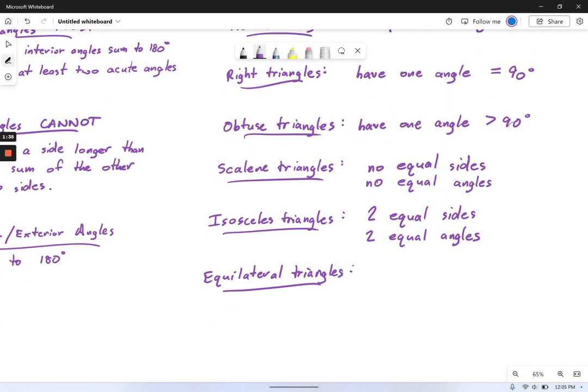And then the equilateral triangle is the last major type. 3 equal sides. That's kind of what equilateral means. And therefore, if there are 3 equal sides, that means there must be 3 equal angles. In other words, every equilateral triangle has angles of 60 degrees because all the angles are the same and they have to add up to 180, so that kind of forces that.